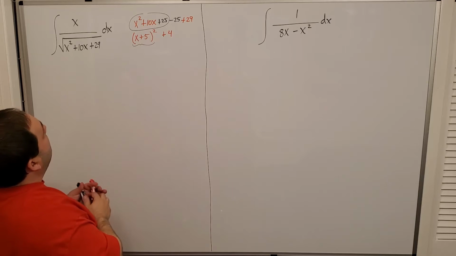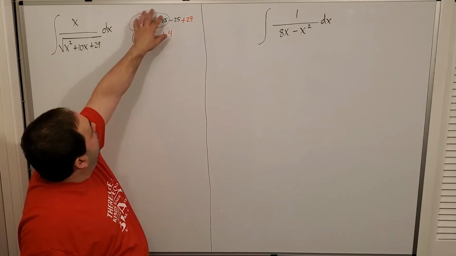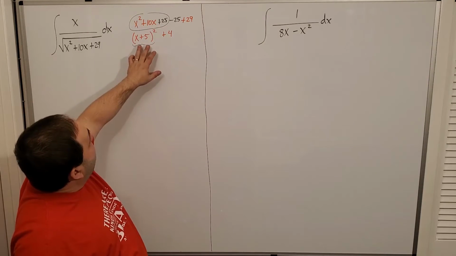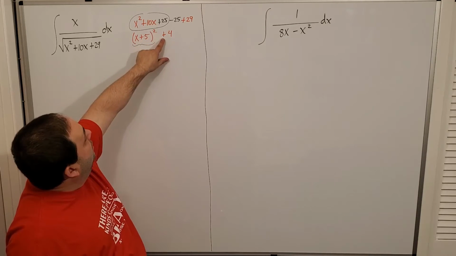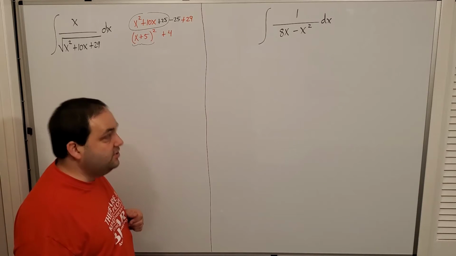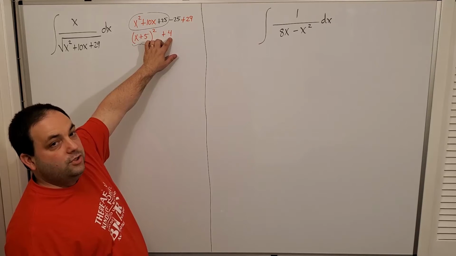All right. So what that means is if I complete the square on x squared plus 10x plus 29, it can be converted into x plus 5 quantity squared plus 4, which happens to be a sum of squares. X plus 5 is squared, and 4 is 2 squared.